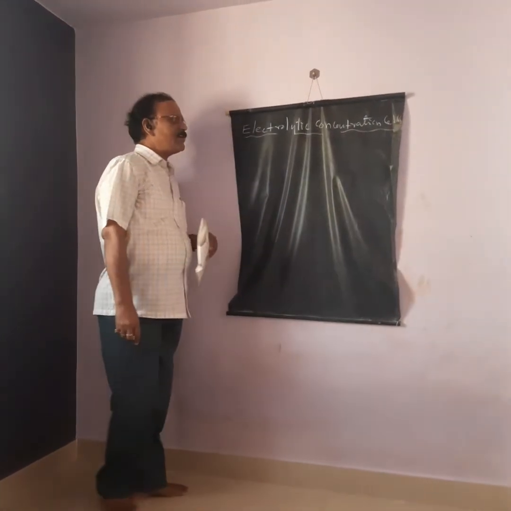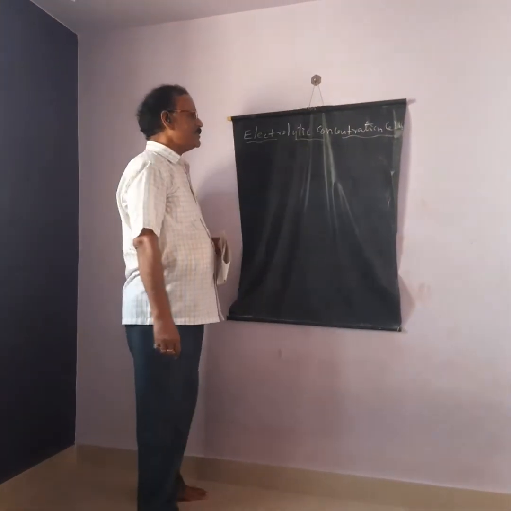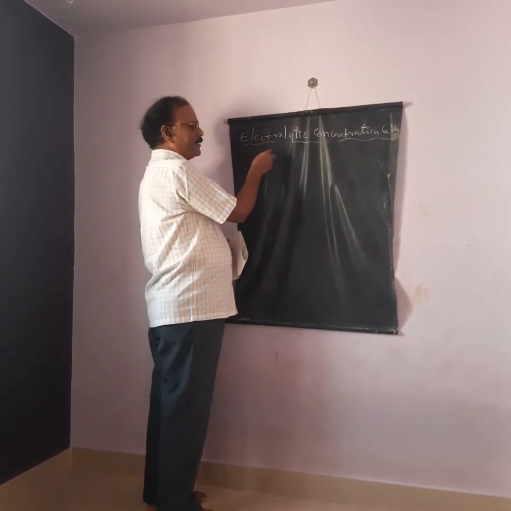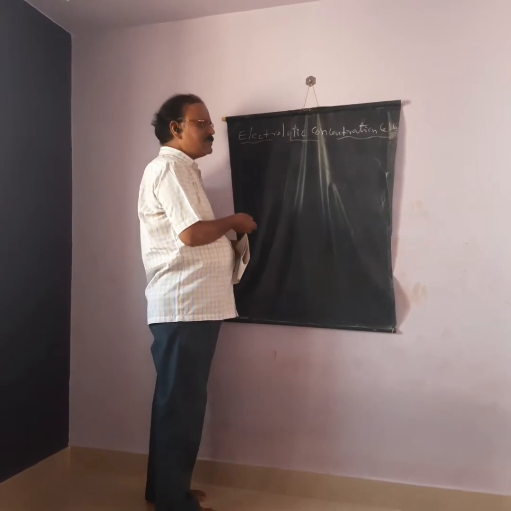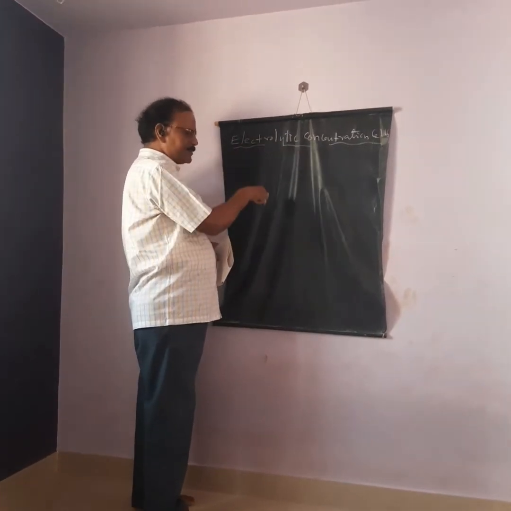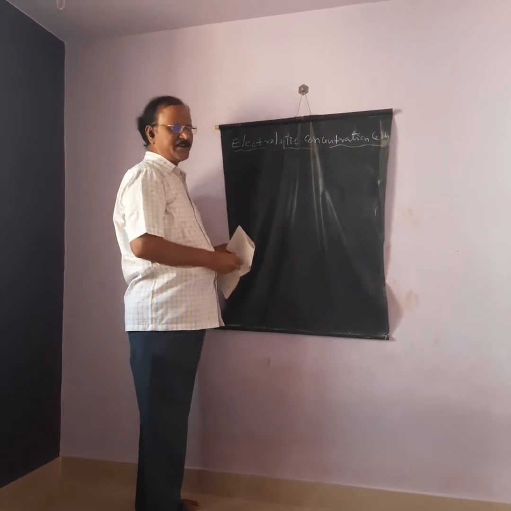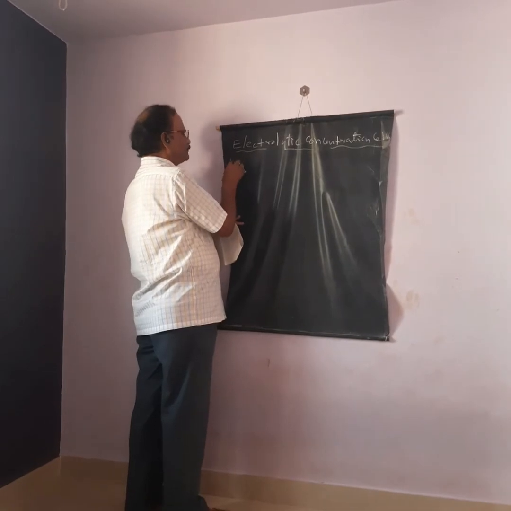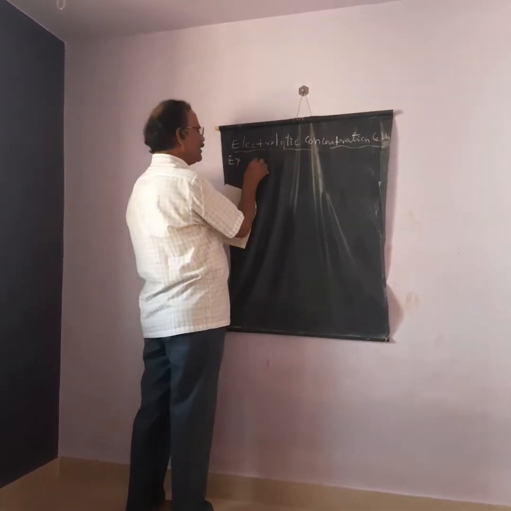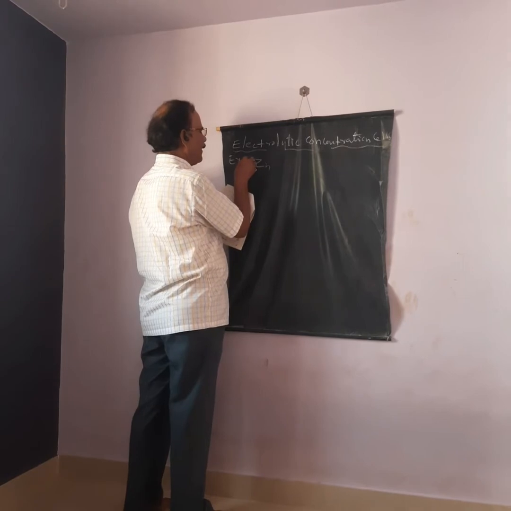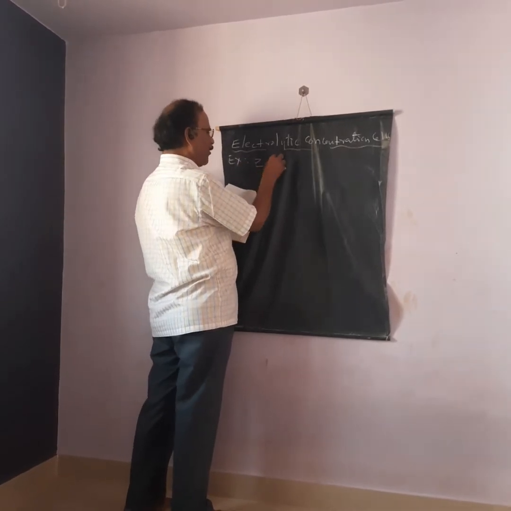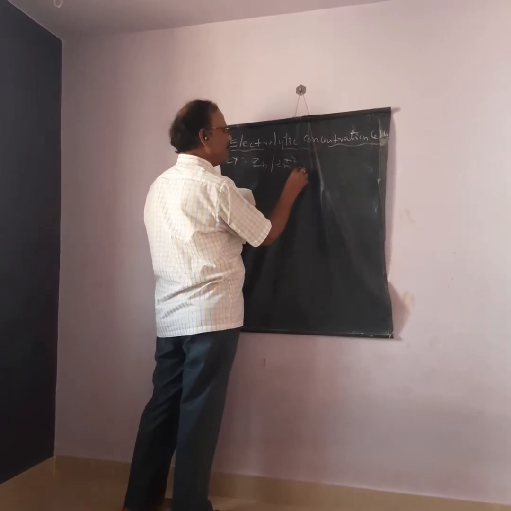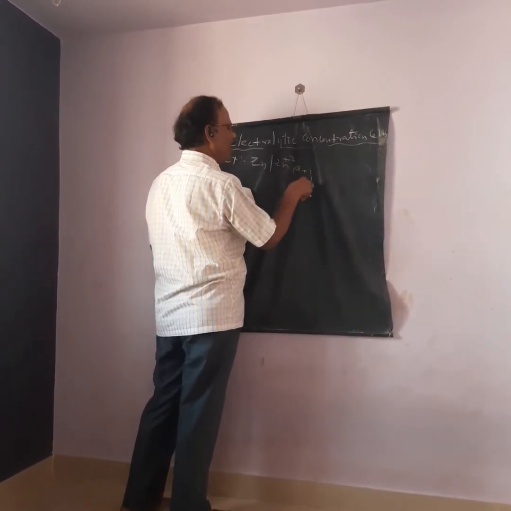These electrolytic concentration cells are those cells in which two different electrode materials are dipped into the solution of its own ion at different concentrations. For example, I have taken zinc in contact with Zn2+ ion, with the activity of zinc a1.